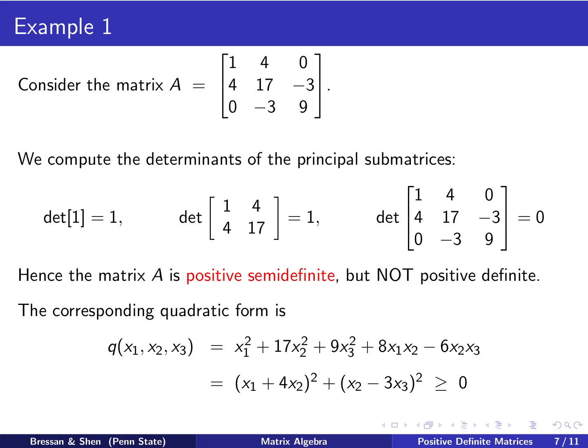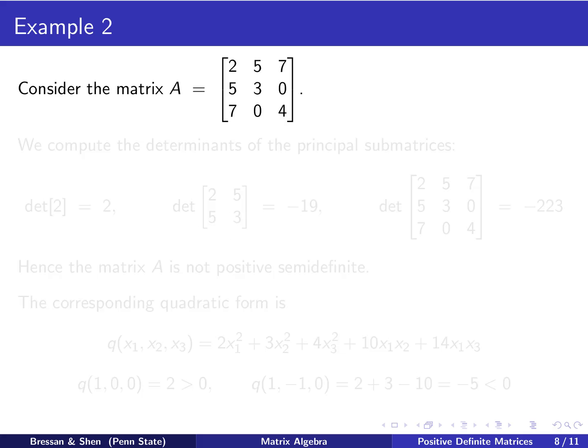And then taking 16 out of 17, we'll have x2 squared and a 9 x3 squared and minus 6 x2 x3, and that is again a square: x2 minus 3 x3, squared. So it's written in the form of two squares, so it's always bigger than or equal to 0, and it can be 0 even when not all the x's are 0. And therefore the matrix A is only positive semi-definite.